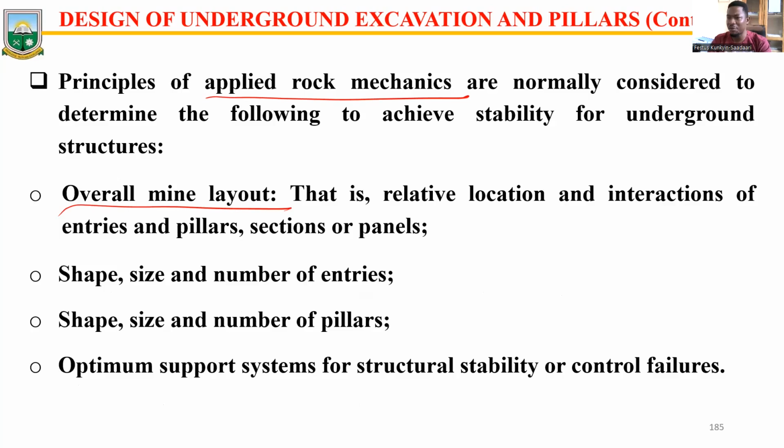That is what we are looking out for in terms of rock mechanics. Then the shape, size, and numbers of the entries. These are analyses we do that can help us maintain stability in all of these. Then optimum support system for structural stability and control the failures that may arise. That is what applied rock mechanics is about.